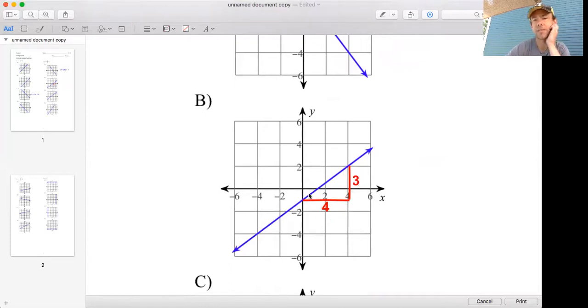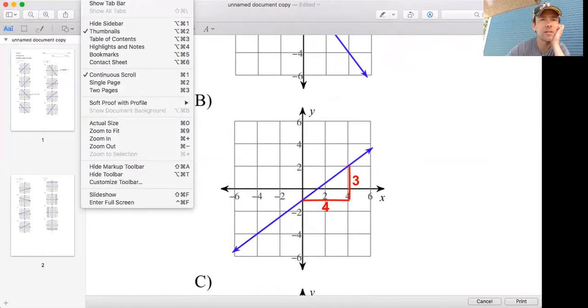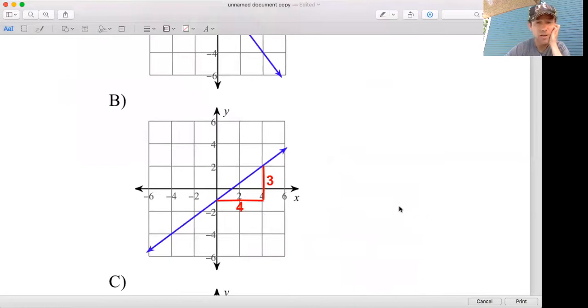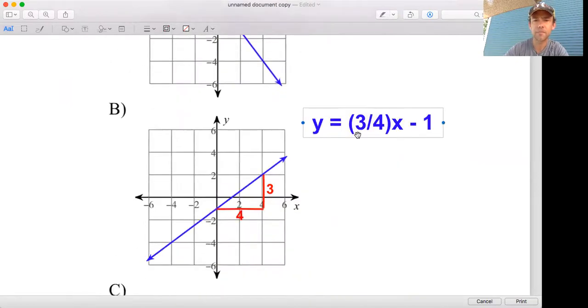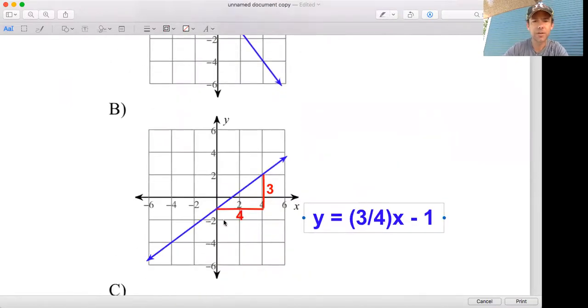Cool. And the slope starts here at -1. So there you go, it's going to be B. There's -1, correct y-intercept, correct slope.